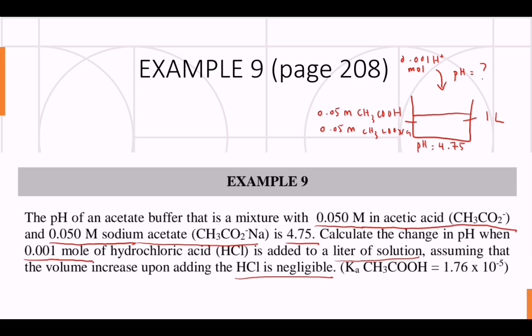So to solve problems after the addition of H plus or OH minus, you have to construct an ICE table so that we can calculate the changes in the concentration after the H plus added is completely eliminated.